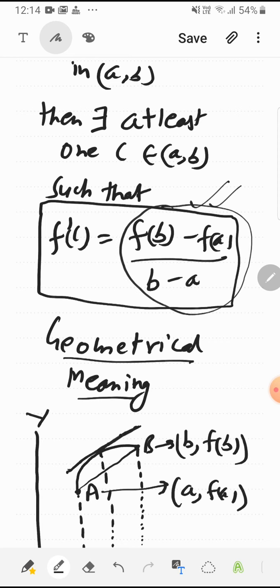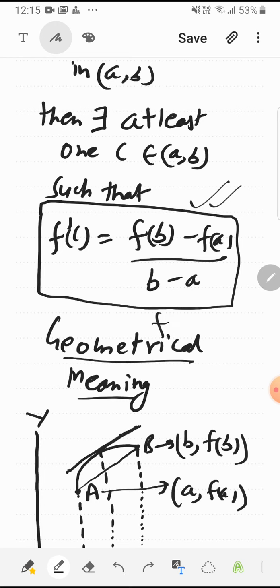That means if the third condition f of a is equal to f of b is added in this LMVT, then it is converted into Rolle's theorem. If f of a is equal to f of b, then the right hand side is 0 and this LMVT is converted into Rolle's theorem.